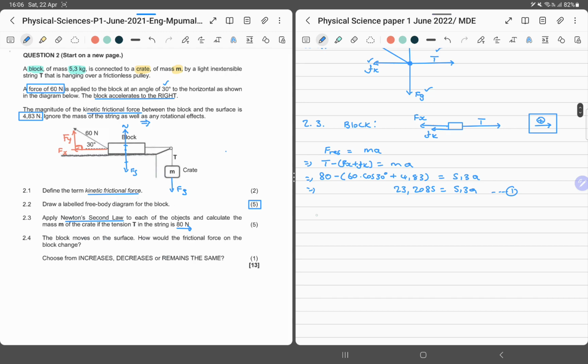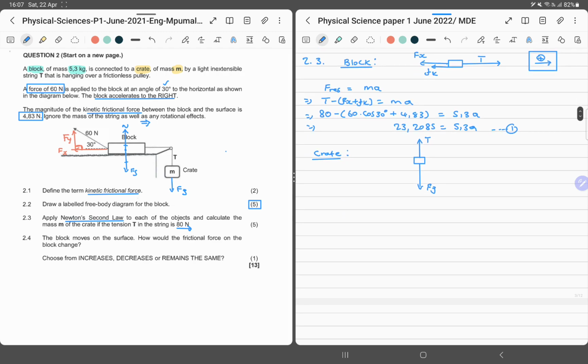So now we're going to consider the crate. What do we see? On the crate, there's just two forces acting: the tension upward and the gravitational force downward. It always helps, guys, to identify your working materials. For the same reason, we know that the resultant force is equal to ma, which implies if we're going down, Fg, again here you may choose a direction or you just work things as you know them.